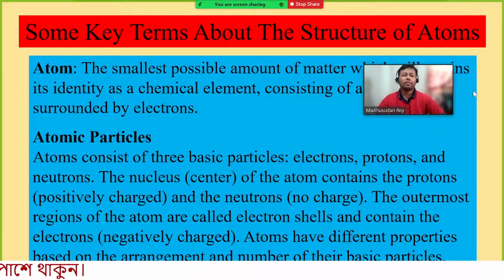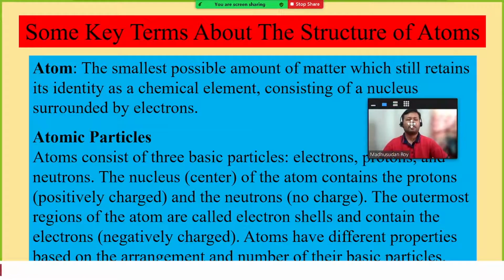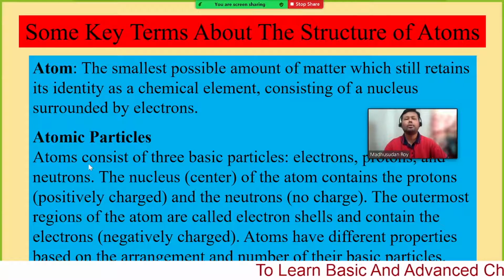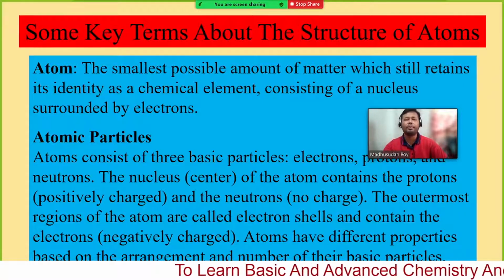Now we will learn some other key terms. First we learned some key points, and now some key terms about the structure of atoms. You are very familiar with the term atom and also these particles, electron, proton, neutrons. Today I am going to give you just a brief review.